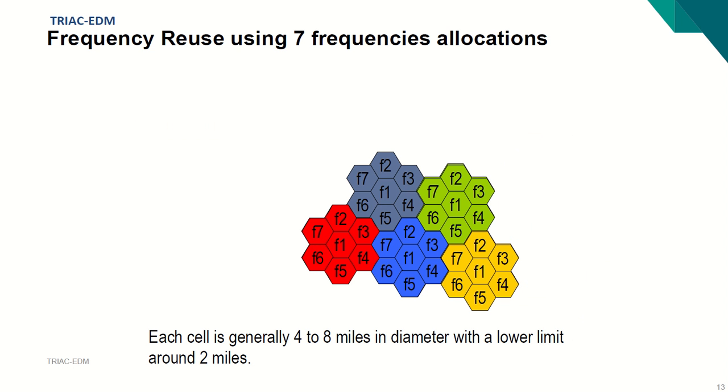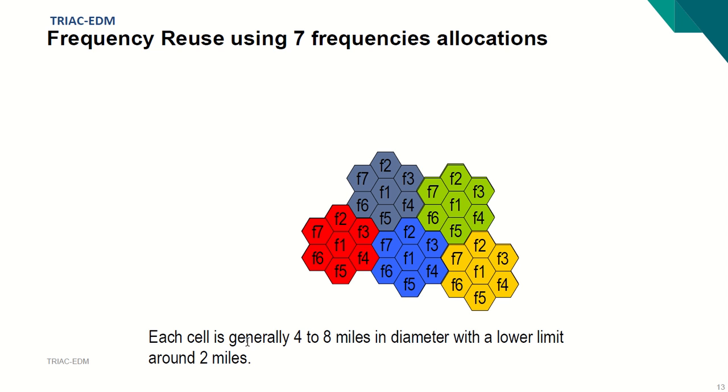Okay, so here is another example: frequency reuse using a 7-frequency allocation. Each cell is generally 4 to 8 miles in diameter, with a lower limit around 2 miles.